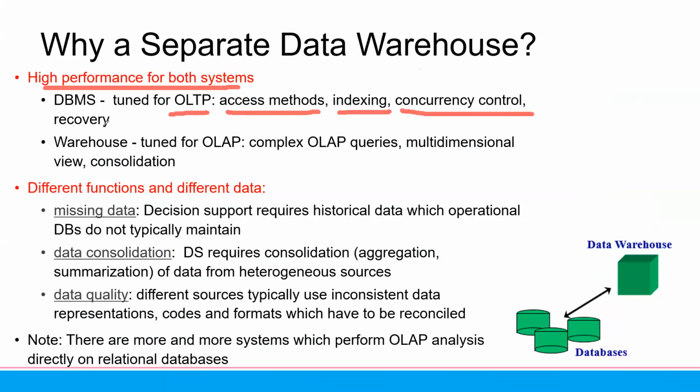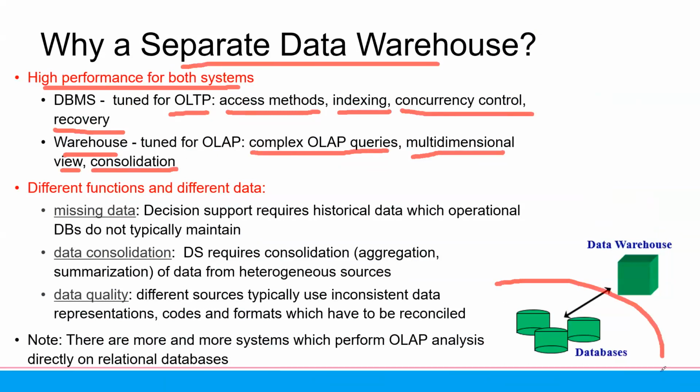And it requires high performance for recovery. The data warehouse also requires high performance for complex queries. And it also requires high performance for multi-dimensional view and consolidation. So that's why it is good to separate the data warehouse. The operational database should be separated from the data warehouse.